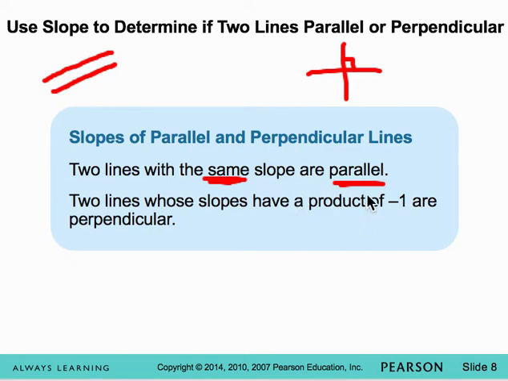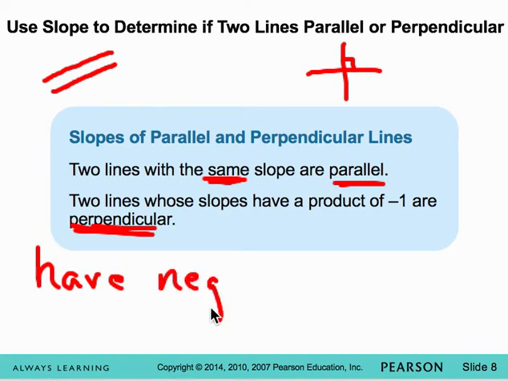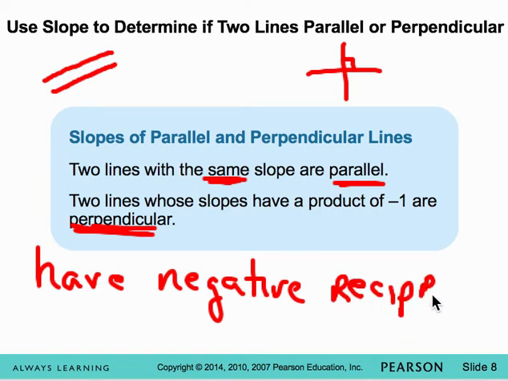That means their product is -1. Another way to think about this is that perpendicular lines have negative reciprocal slopes. Parallel lines have the same slope.